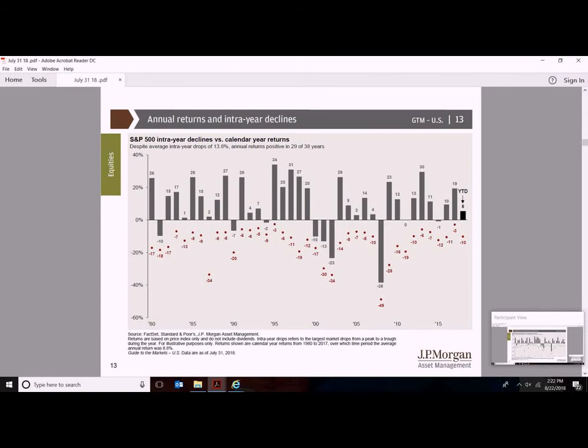So going back, historically, we can look to see over the past 38 years, 29 have been positive returning years. And just to keep it in perspective, to buy and hold essentially. But when you average the intra-year drops, they come in at about 13.8%. And we really haven't seen any sort of intra-year drop like that for quite a few years. Going back, this is probably going to be about 2012 when we saw minus 19 on the S&P.